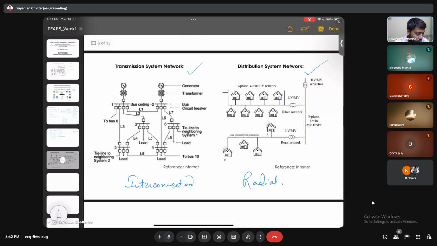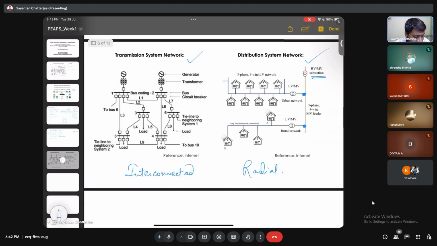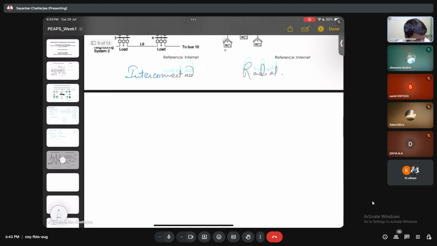This is the distribution side, where this is the main distribution HV/MV substation, and from the MV/LV substation you will see the nodes connected. There are many distribution side feeders accordingly. So this is the overview of the power system side.